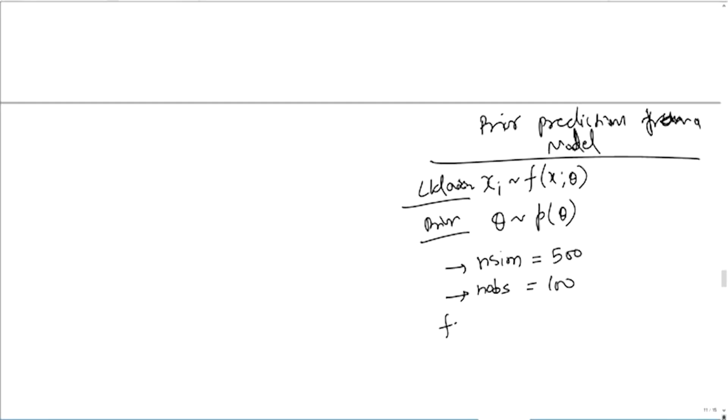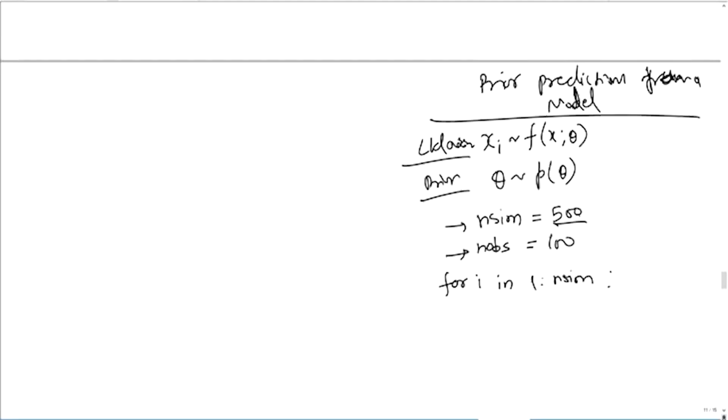Now, you can iterate through these 500 simulations. So, for i in 1 to n_sim, I am going to generate a prior predictive sample corresponding to each sample from the prior, right. How? For each simulation, I just need to draw theta from its prior distribution p(theta).